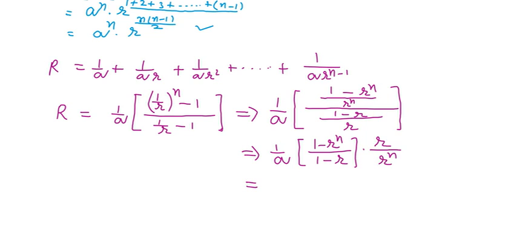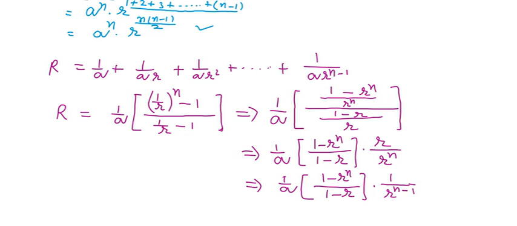Again, this is 1 by a into 1 minus r raised to the power n upon 1 minus r, which may be written as 1 upon r raised to the power n minus 1.